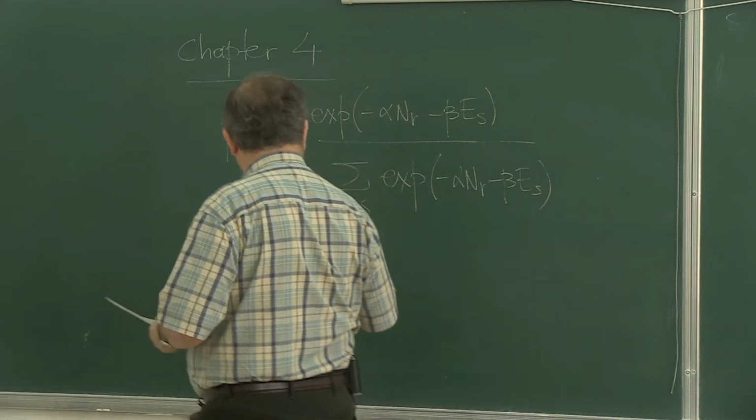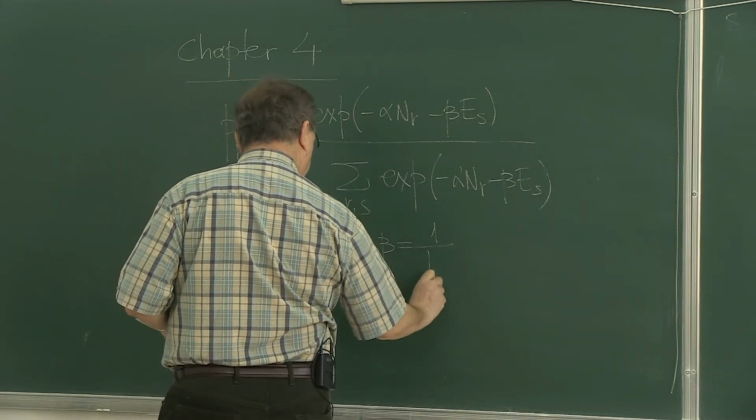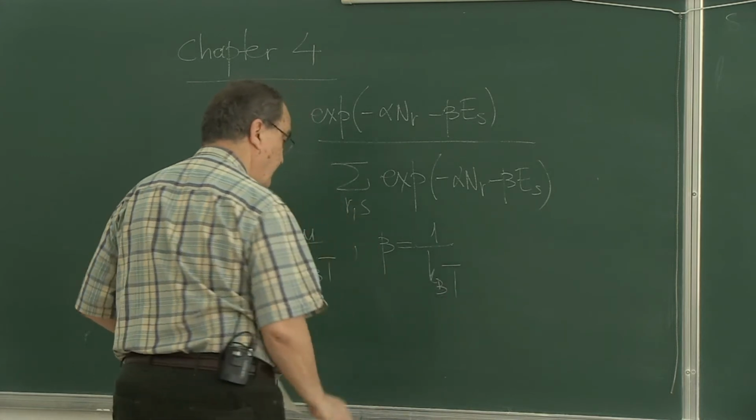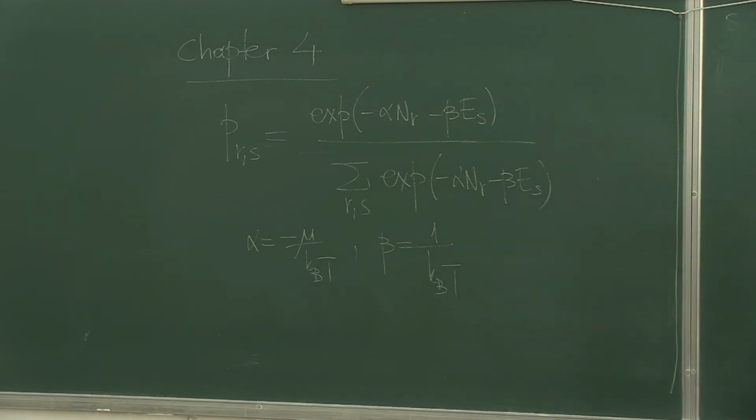And beta is the usual 1 over kBT. The sum is over all states, N_R and E_S, accessible to the system.